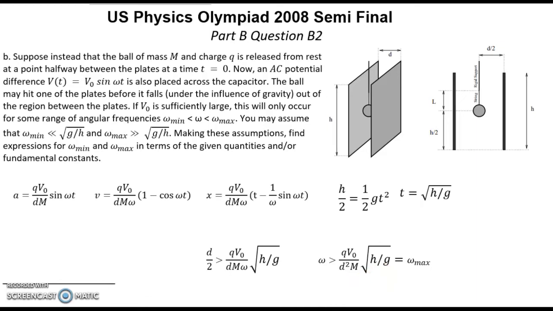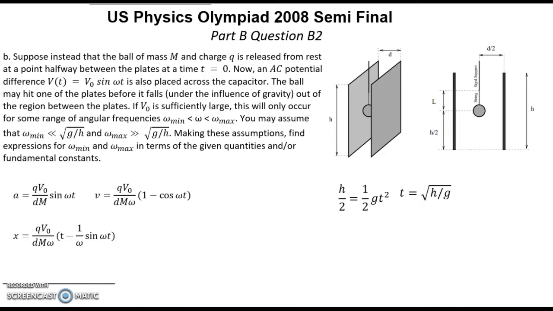other possibility when omega is very small. If omega is very small, it means that this sine could be represented in this form. So for small omega t, we have this approximate expression for sine omega t.